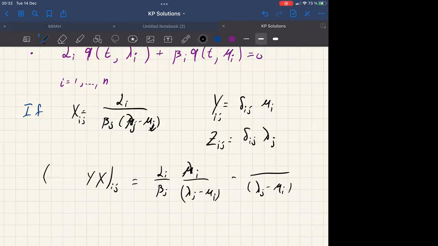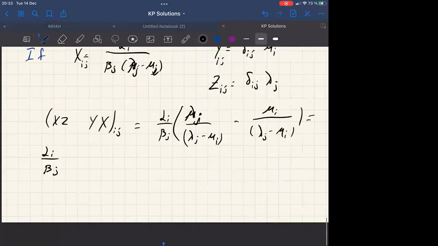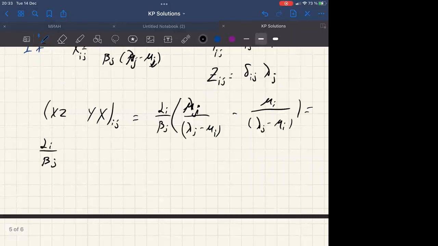This should be z. Here we have lambda g. Here we have mu e. This is equal to alpha e divided by beta g, which is a rank 1 matrix.